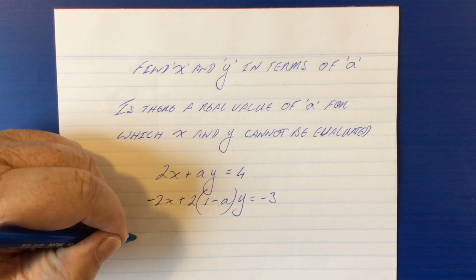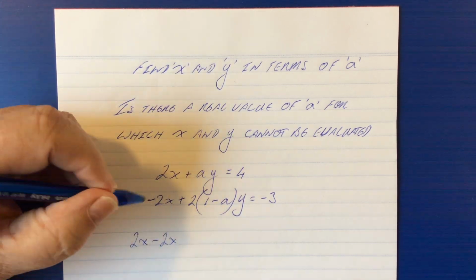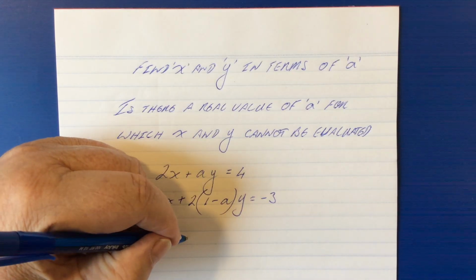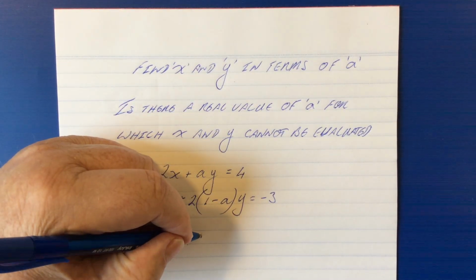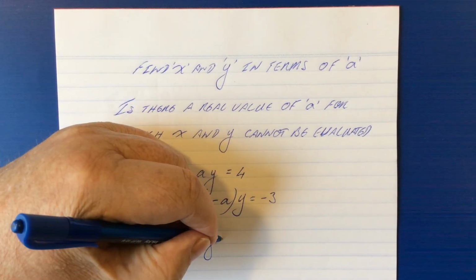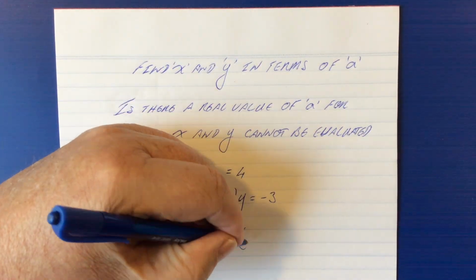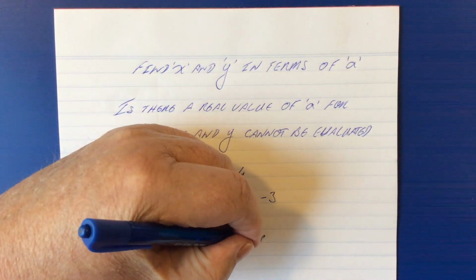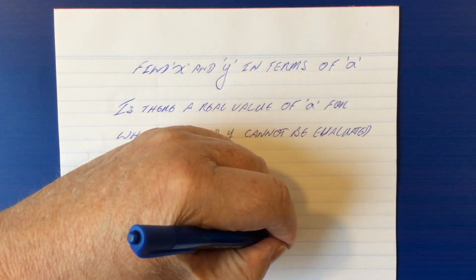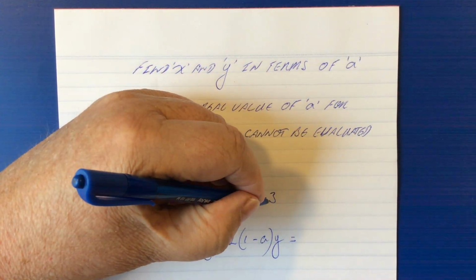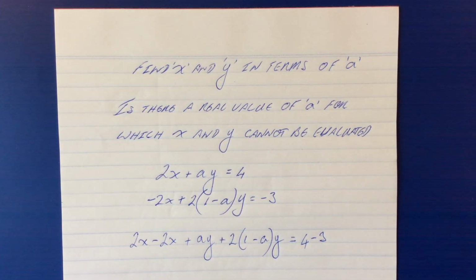Okay, so here goes. 2x minus 2x plus ay plus 2 into 1 minus a times y equals 4 minus 3, which of course equals 1.